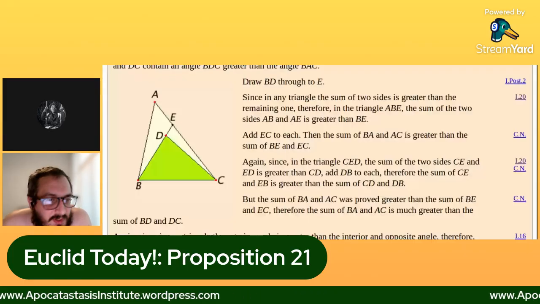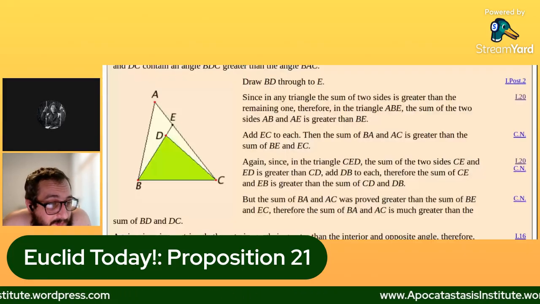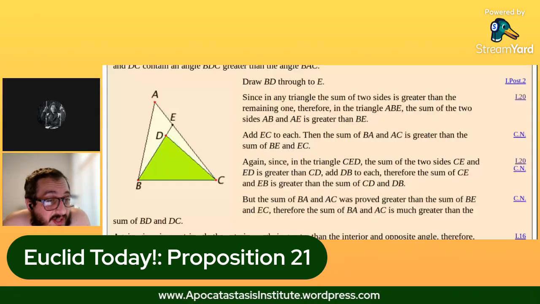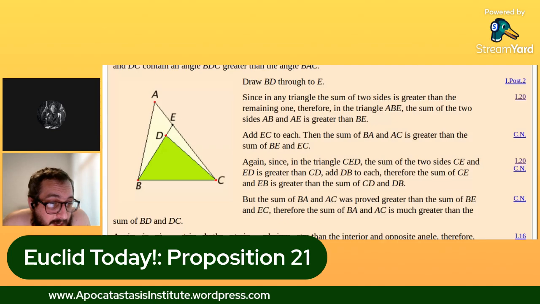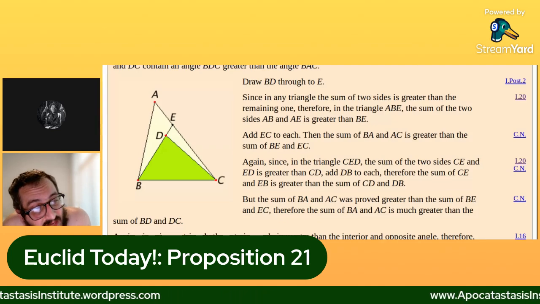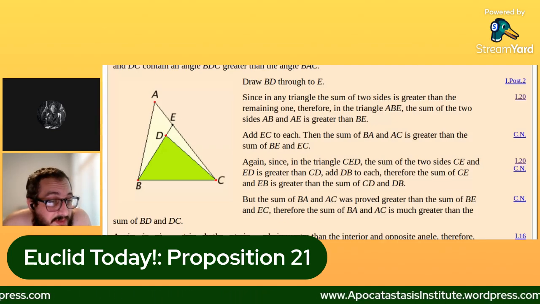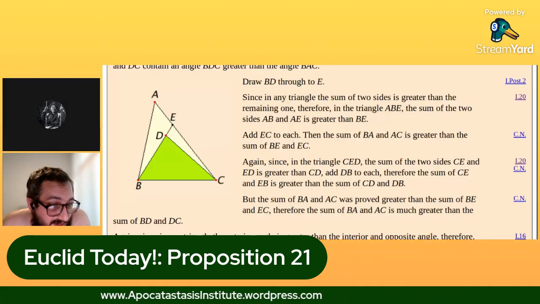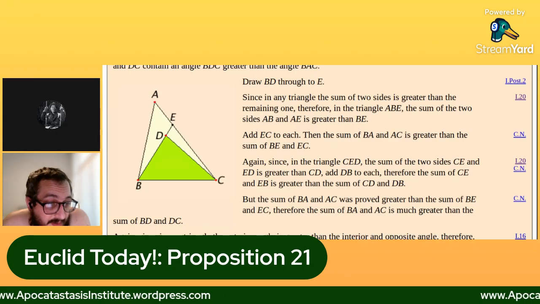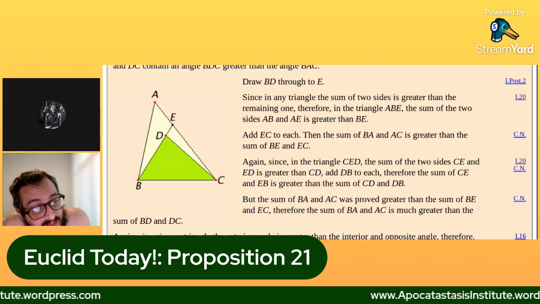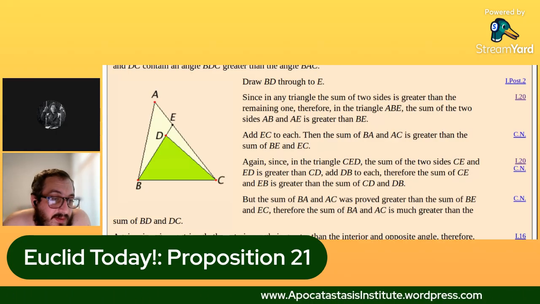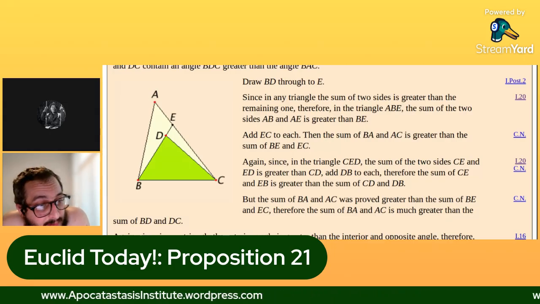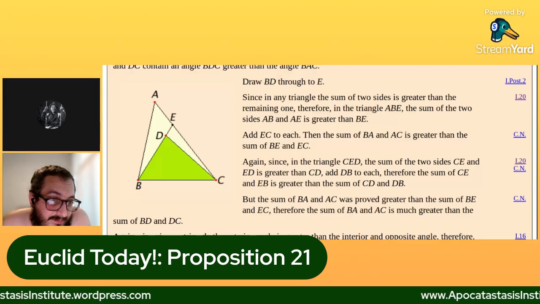Sure. So if you have a triangle, and using one of the triangle's sides, you create a triangle within the bigger triangle, that smaller triangle is going to have two corresponding sides whose sum is less than the equivalent sides of the bigger triangle. On the other hand, the angle made of those two smaller sides is going to be bigger than the angle of the bigger triangle.